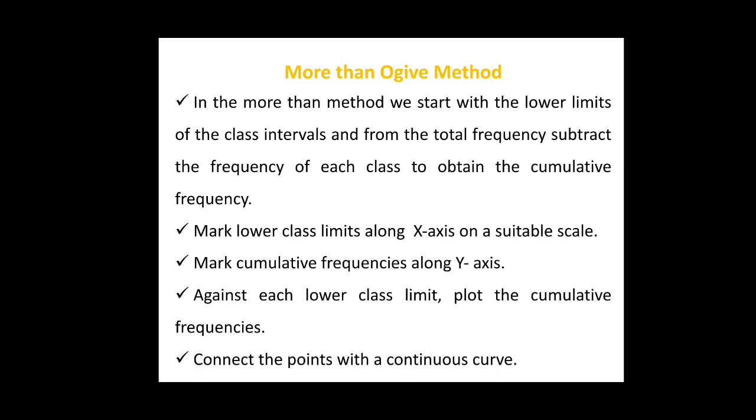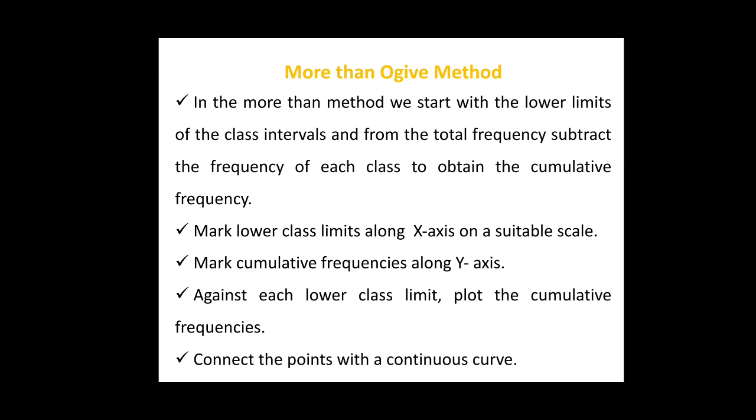That is, to obtain the cumulative frequency, we subtract the first class frequency from the total frequency to obtain the cumulative frequency of the second class. Then subtract the second class frequency from that and so on. After that, mark lower class limits along the x-axis on a suitable scale.